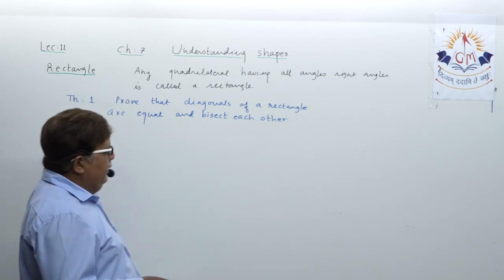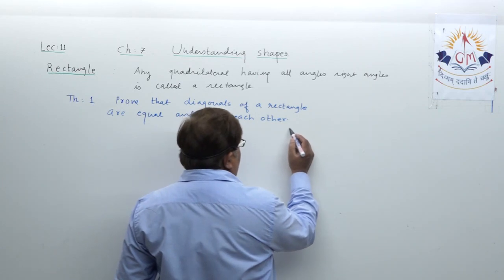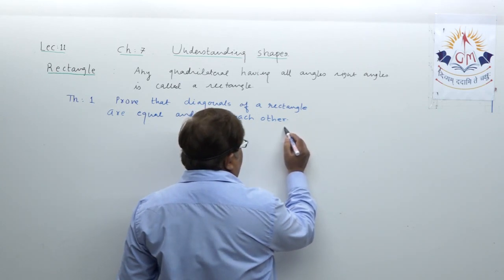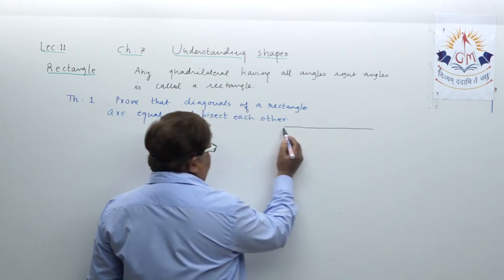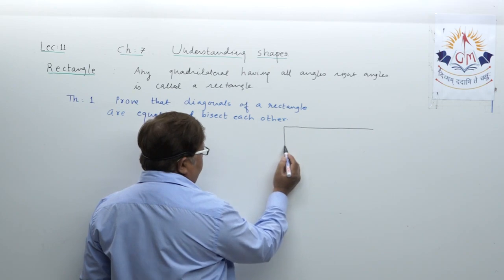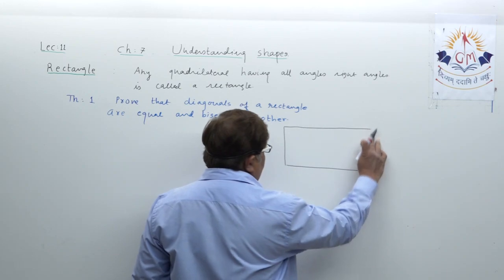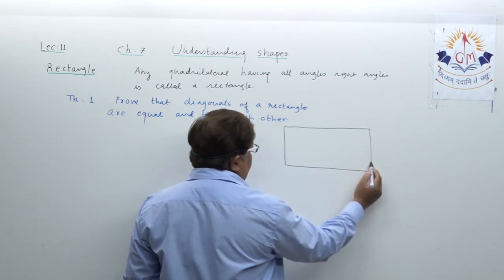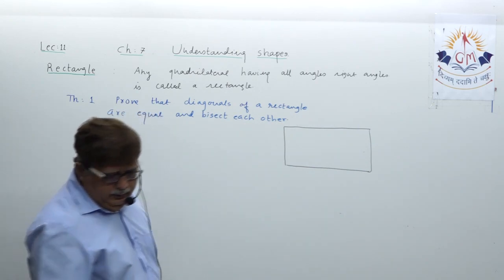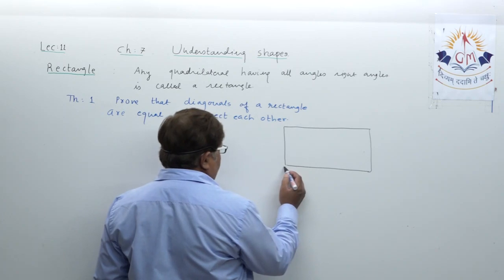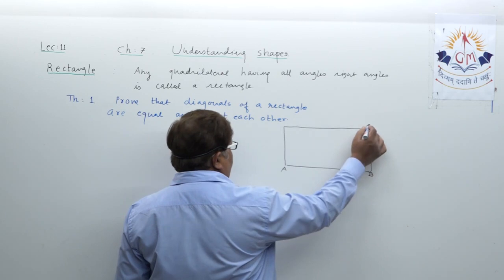Okay. Let us first draw the diagram of a rectangle. We'll name it as per the textbook to avoid any confusion when you revise it.